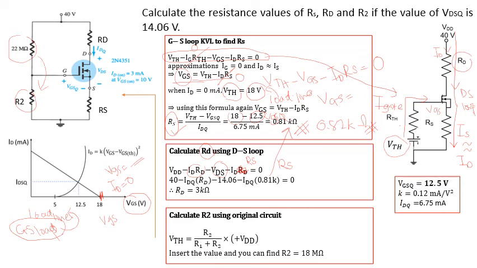Then you just insert and you can calculate. Finally, you get the value of 3.01K, but here I just put 3K.